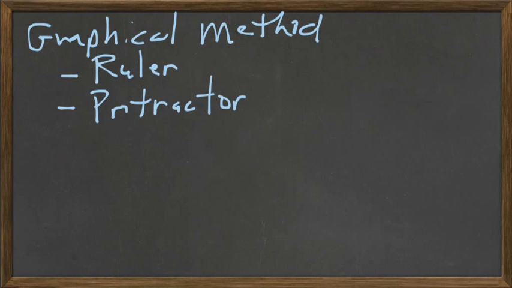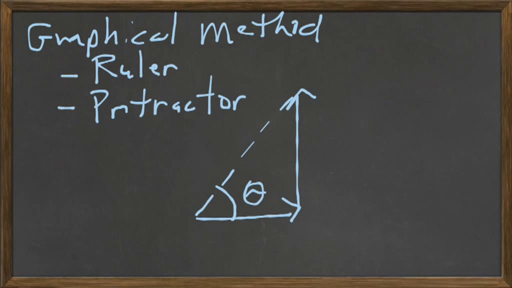I can measure out exactly to scale the length of one and the length of the other, lay my ruler down, measure the resultant to get the magnitude, and use a protractor to get the angle. It definitely works, but it's time consuming, it's prone to some error if you're not careful, and it needs some special materials. So we don't use it very often, but do know what it is and how I would use it to get an answer.